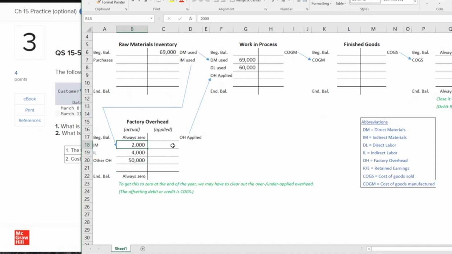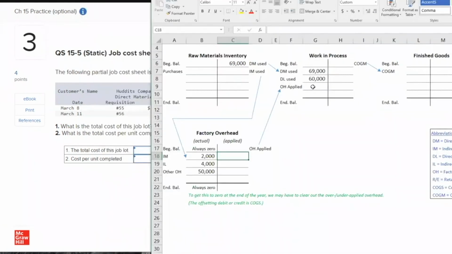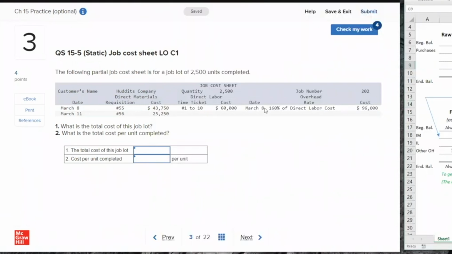And now every so often, or with every job, or maybe once a month, or however often the company wants to do it, we will take overhead out of here and put it into work in process. They're telling us here, how much overhead are we going to apply to this job? And we normally use a formula to do that. So here they're telling us overhead is going to be 160% of the direct labor cost.